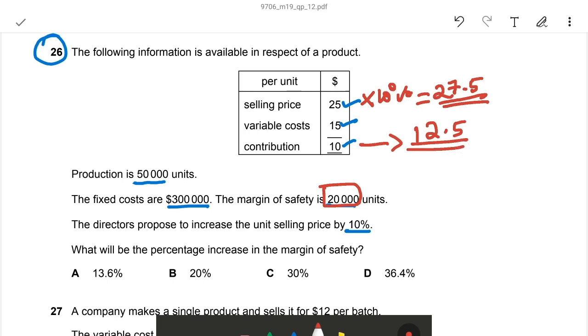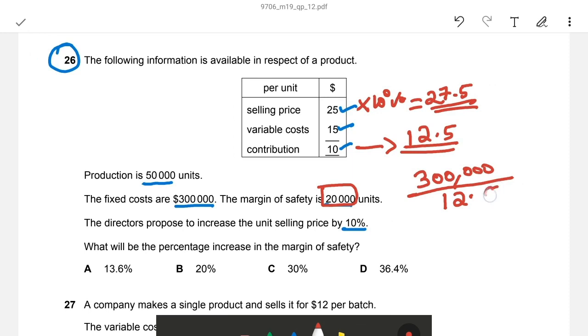Margin of safety is equal to actual sales minus break-even sales. Break-even sales at the increased selling price is 300,000 divided by 12.5. That is 24,000.